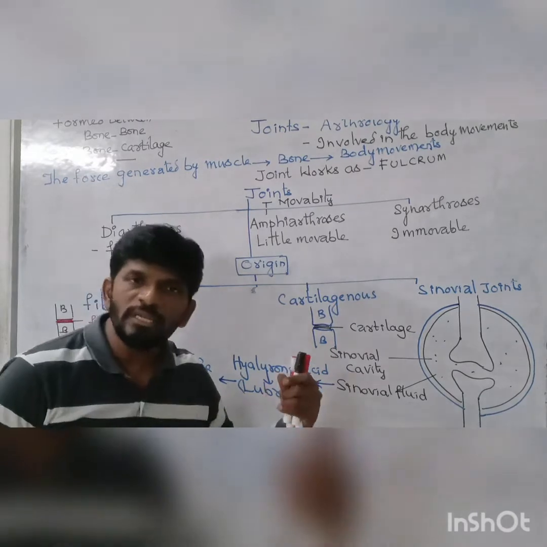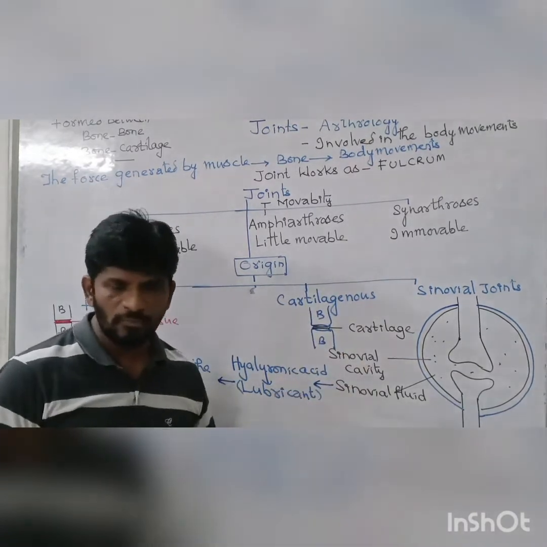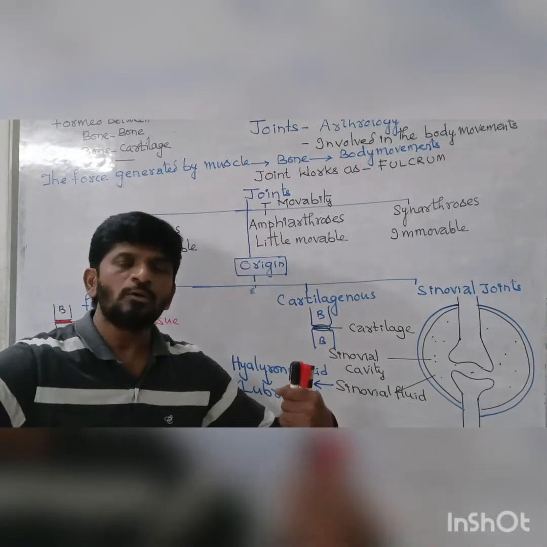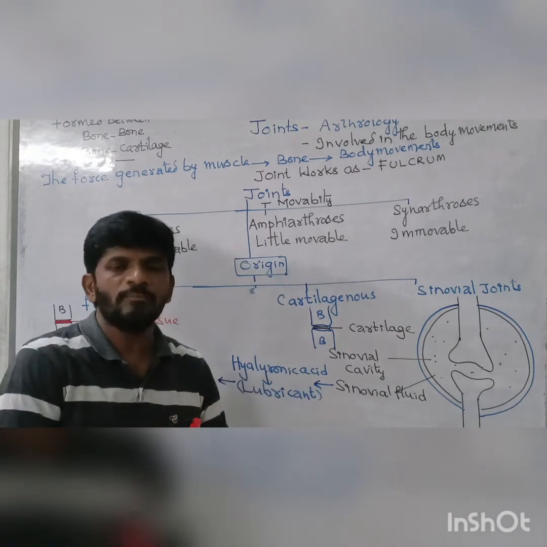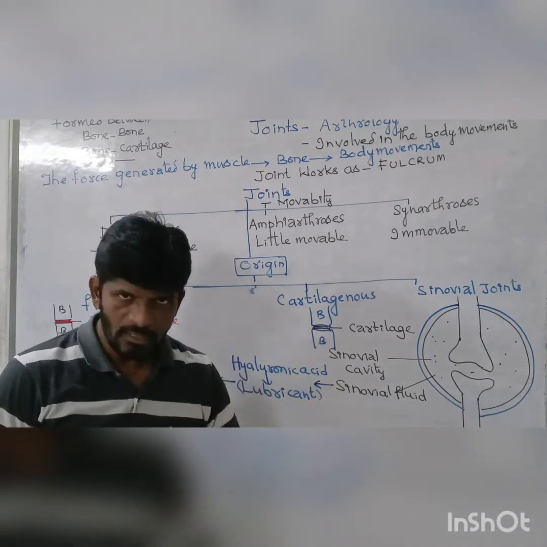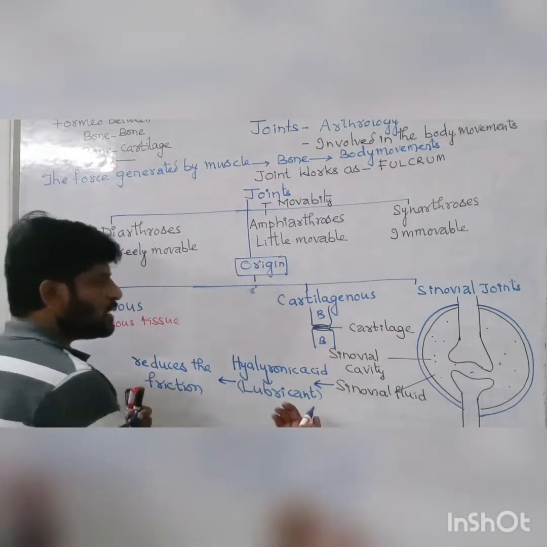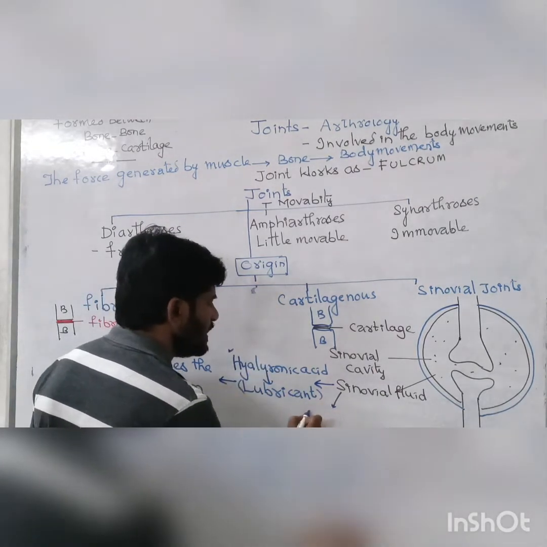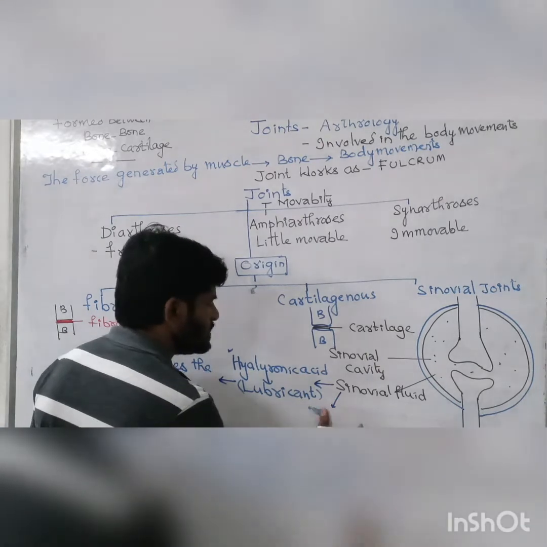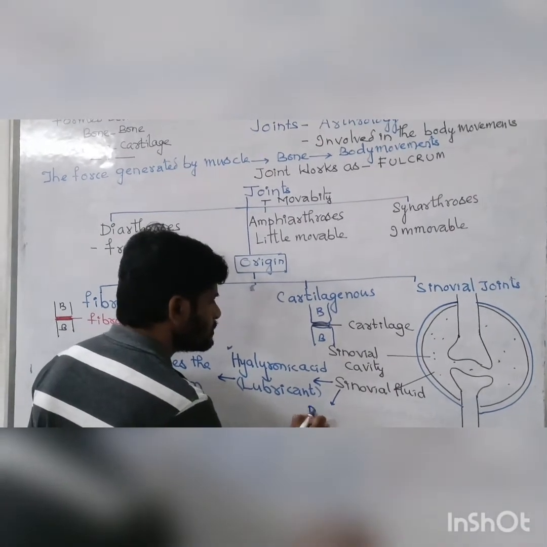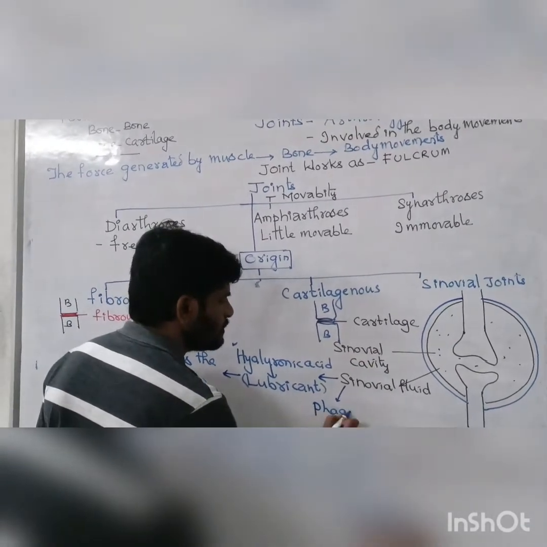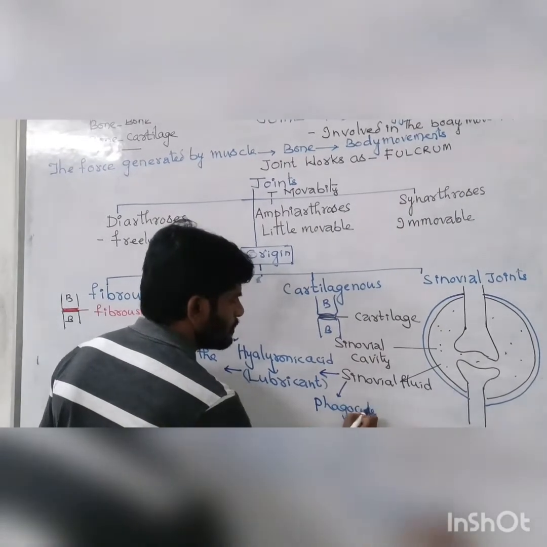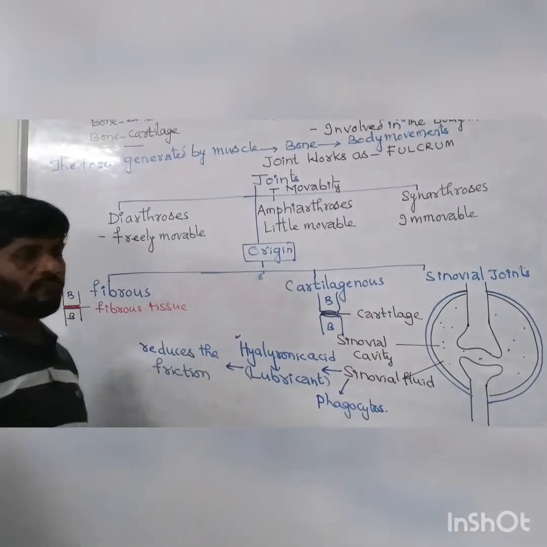If there is a decline in the synovial fluid and hyaluronic acid, the two bones join together and this leads to arthritis. The synovial fluid not only contains hyaluronic acid, it also contains phagocytic cells, which engulf foreign particles.